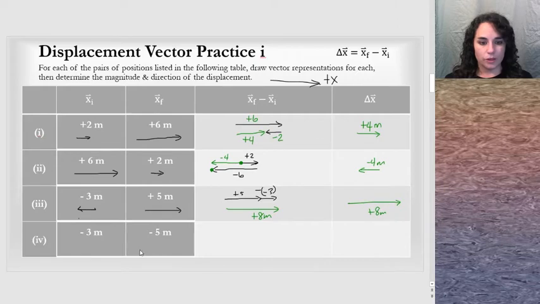So hopefully this is making sense to you. By this point, you're probably getting used to this. I'm going to go down and look at the last one here. -3 to -5. So it moved backwards in the negative direction. So if I take the final vector, -5, and I subtract off the -3, that means I'm going to add 3.